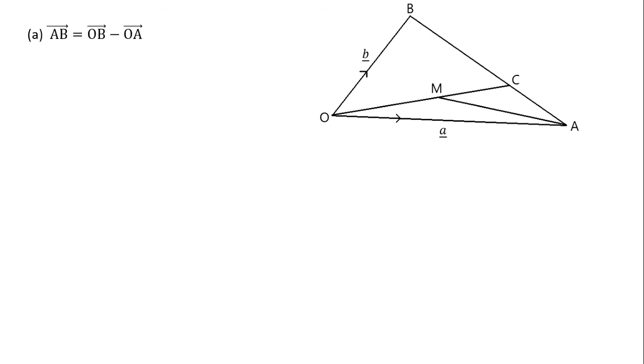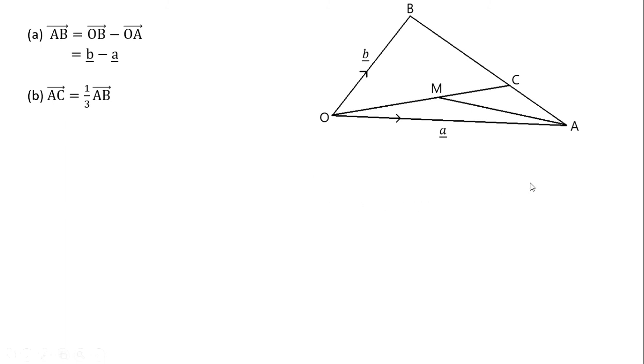Vector AB is equal to vector OB minus vector OA. Then we'll substitute. Where there's OB, we'll replace our B, and where there's OA, we'll replace our A. So therefore, vector AB is equal to B minus A. Find vector AC.